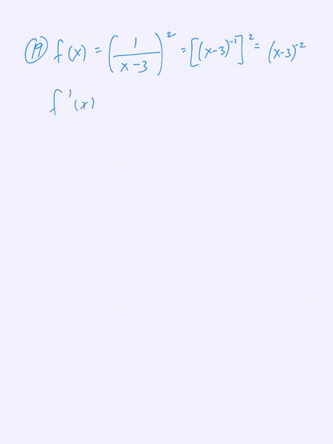So that's easier for me to take the derivative of. The derivative of what's inside is just 1, so that's pretty lovely. So we've got negative 2 over x minus 3 cubed. All right, and if you use the quotient rule, you would have gotten an equivalent answer.